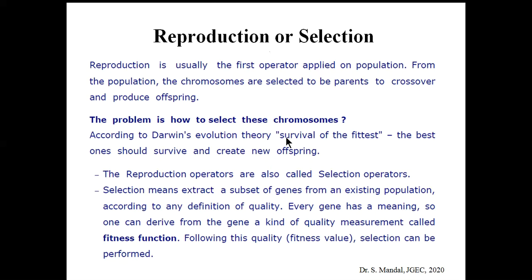Okay, so based on that fact, we can use the selection operator where we want to extract a subset of genes, which are called parent genes, from an existing population according to the definition of quality. That means based on their fitness value, we need to select a subset of genes or a pair of genes as parents so that they can intermingle or mate with each other.